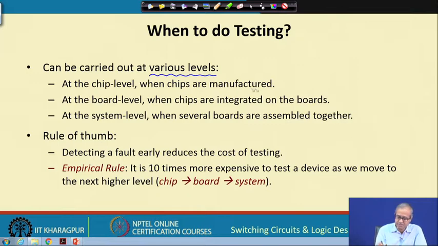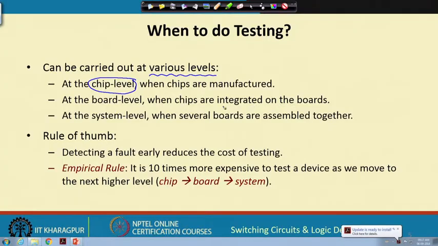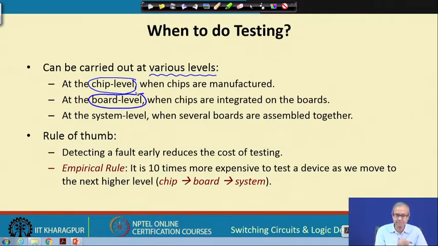When the chips are manufactured, we can do testing at the chip level. When several such chips are integrated on a printed circuit board, we can carry out testing at the board level. And when you build a more complex system, there can be several such printed circuit boards that make up a system.